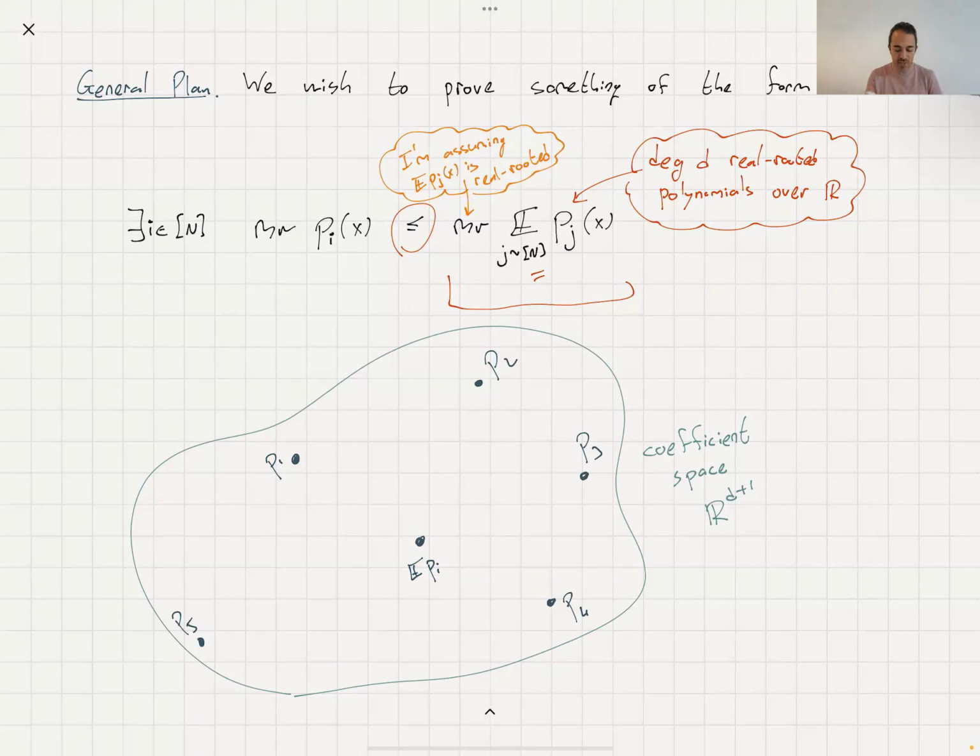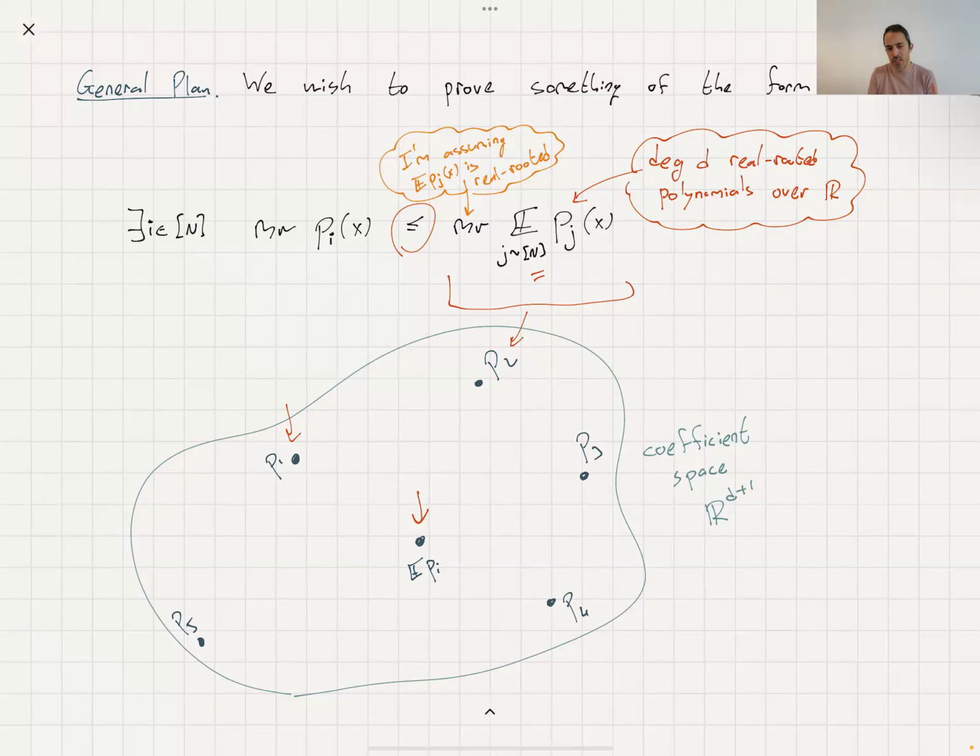So you just look at the coefficient vector, and that's the point that you're going to look at. So we have these points, P1, P2, which are the polynomials, of course, and we have a bound on the maximum root of this thing in the middle, so to say, the expected polynomial. The maximum root doesn't appear in this picture. And from a bound on that, we want to have a bound on one of these Pi's.